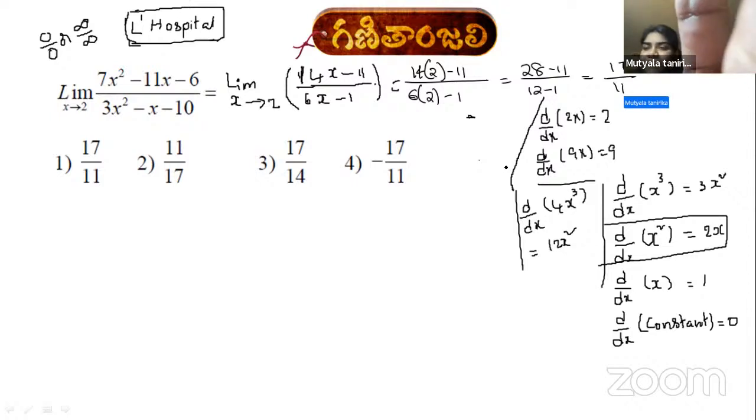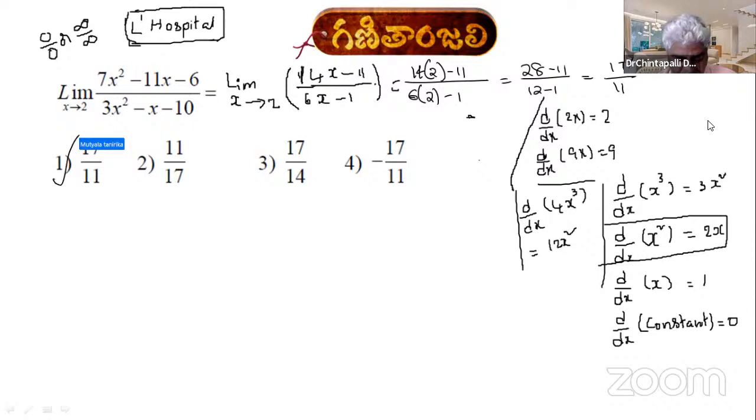Yes, it is 17 over 11. That's it. Got the difference between using L'Hospital rule and not using L'Hospital rule?